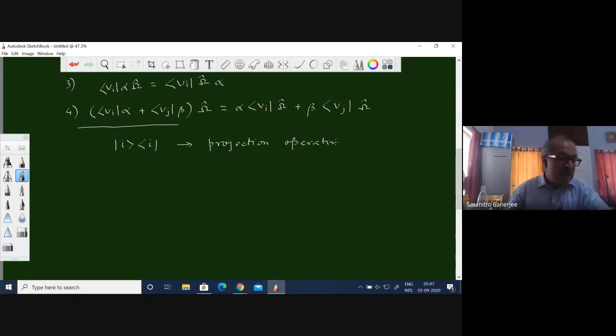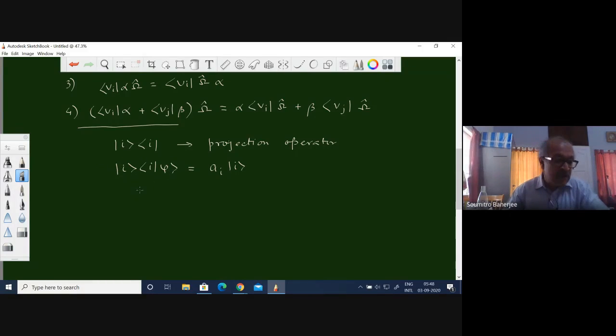So if you operate that on some function phi, just to recapitulate, what you get is the projection magnitude times the i unit vector. So you get essentially the projection, right? And if you add all of these projections, that means in all the directions, then you get phi back.